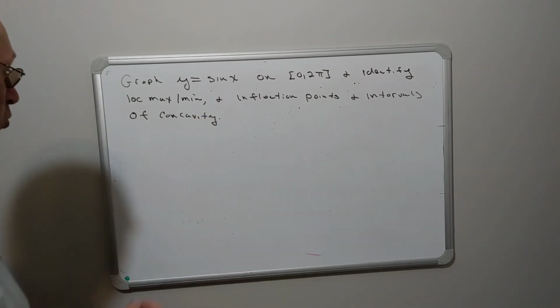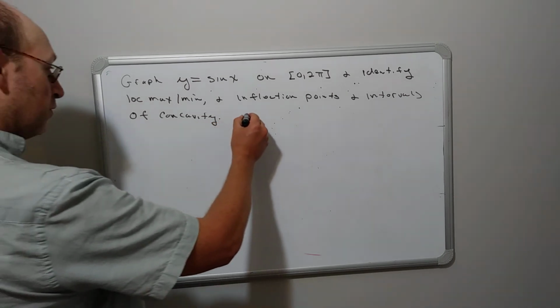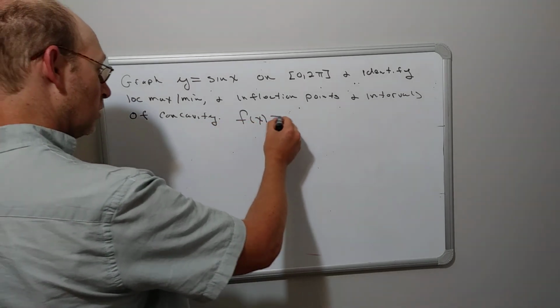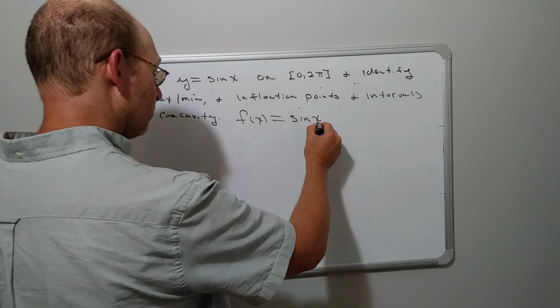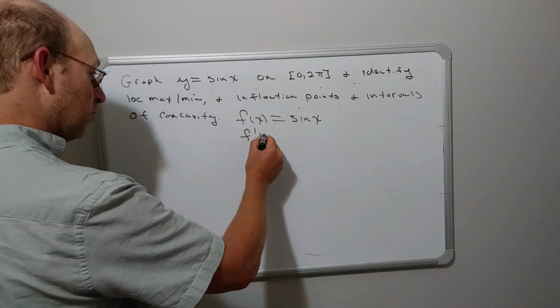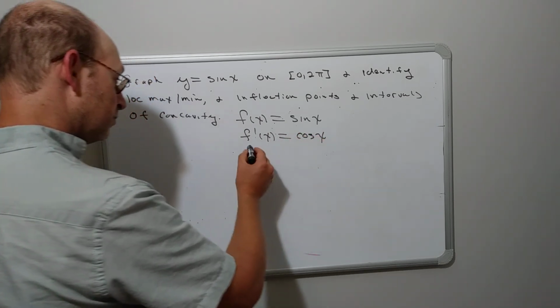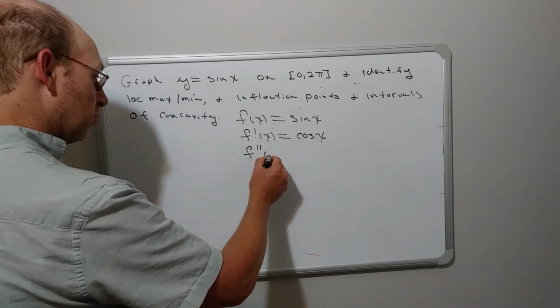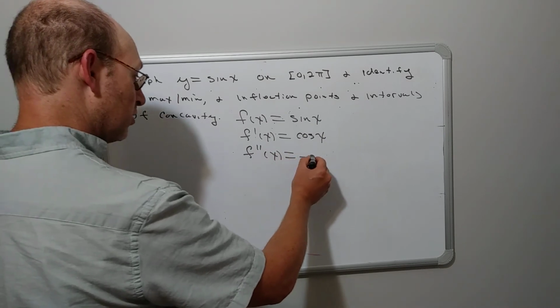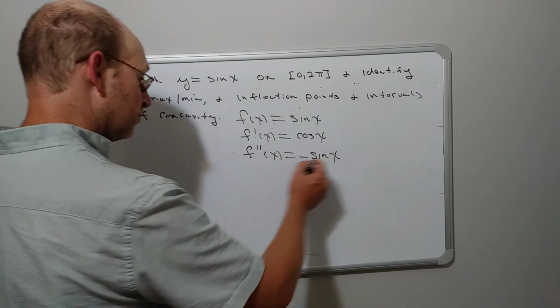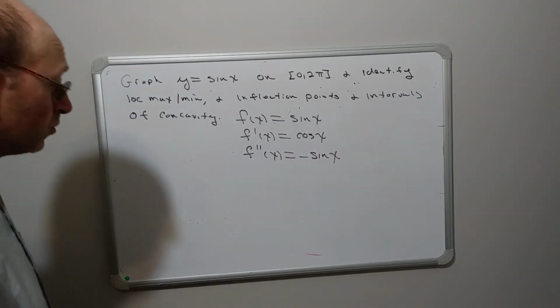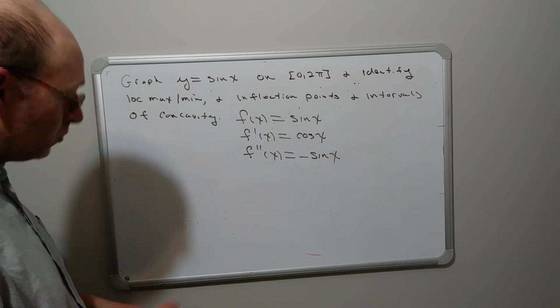Okay, so we start with f of x equals the sine of x. F prime of x is the cosine of x. And f double prime of x is negative sine of x. First, let's find the critical numbers.